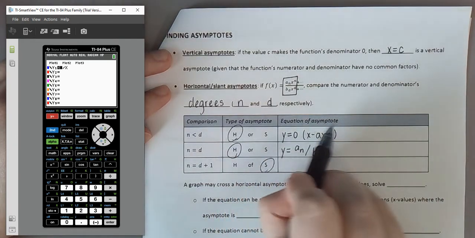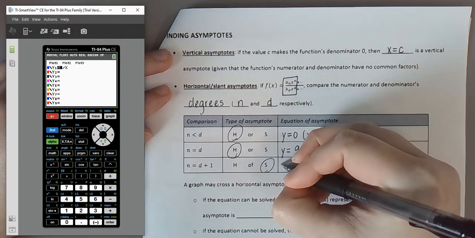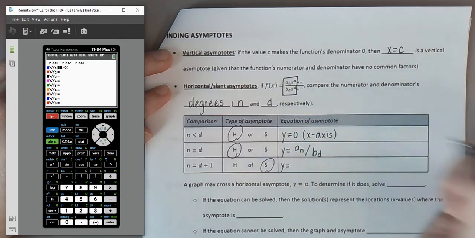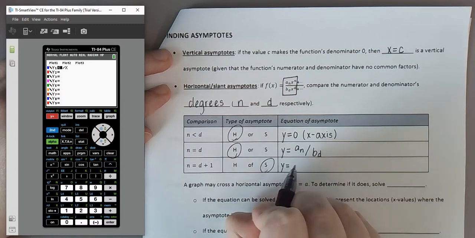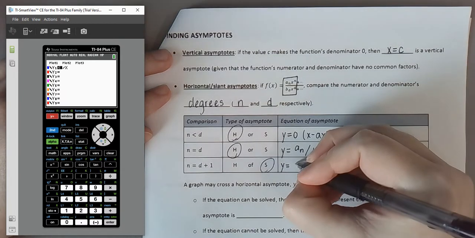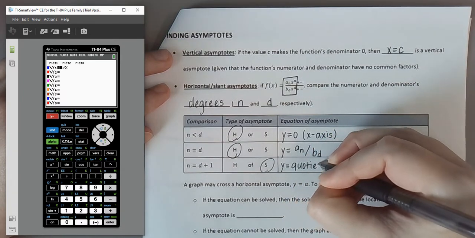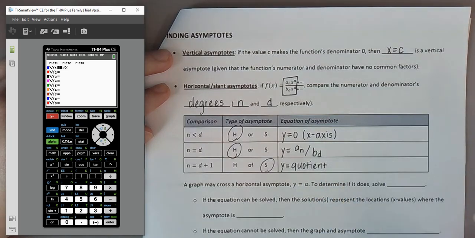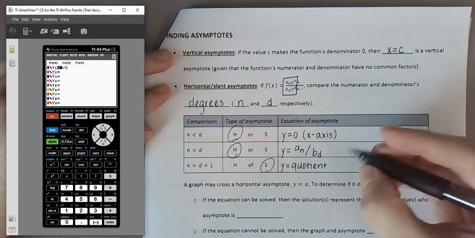And when we find its equation, it's going to be an equation in slope-intercept form. So it's going to be y is equal to an expression in slope-intercept form, mx plus b. But the actual expression we're going to get from division. It's going to be y is equal to the quotient we get from actually dividing the numerator and the denominator.